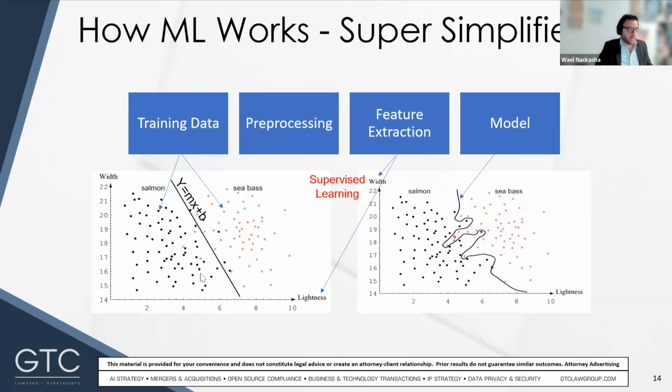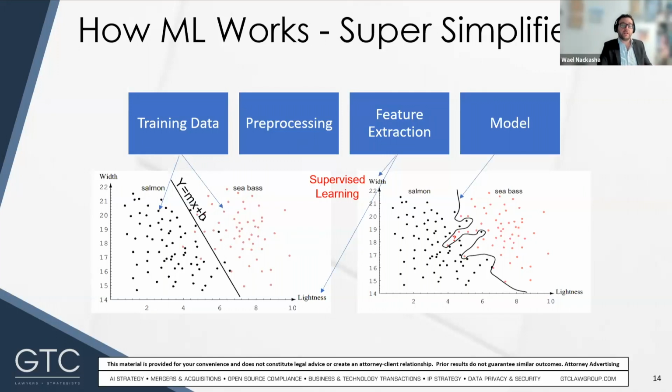But just being a line in this example, you see the performance is decent. It could split the sea bass and salmon fish. There are some errors, of course, but still based on this very simple model. And to make the decision, the computer will extract features from an incoming image and see where it lies.